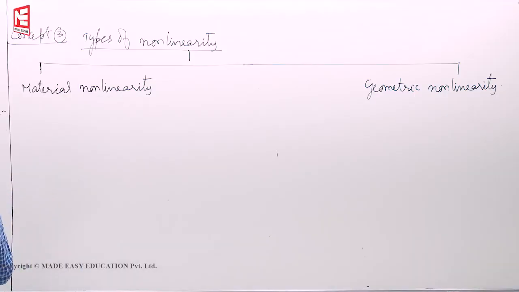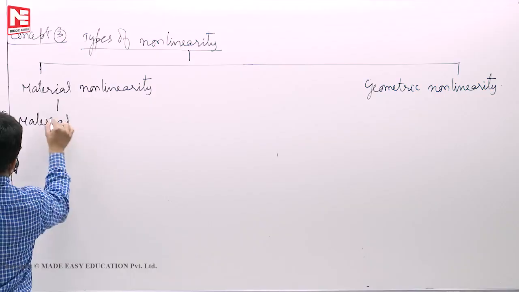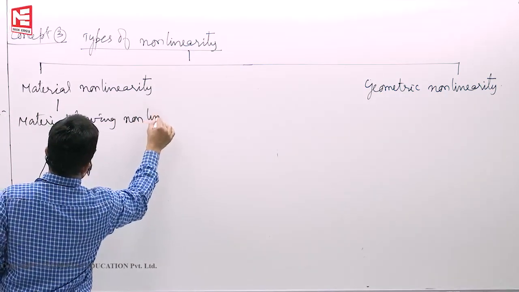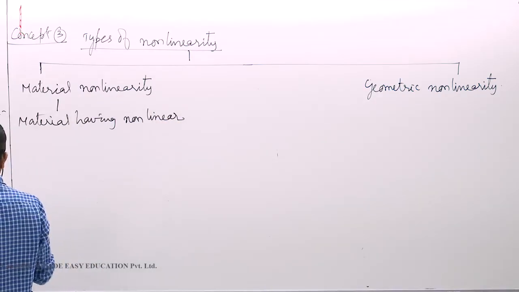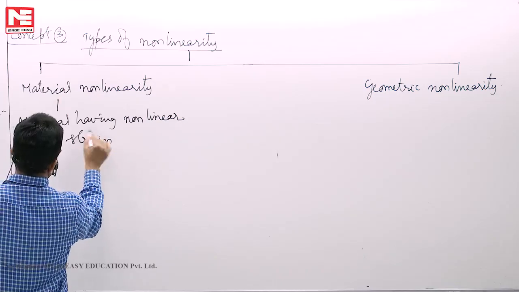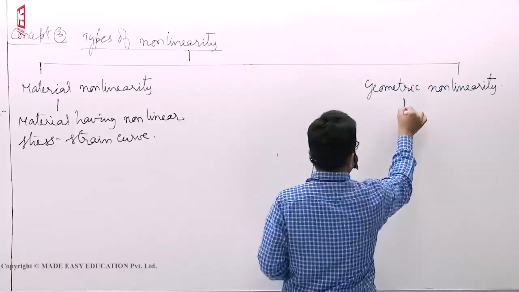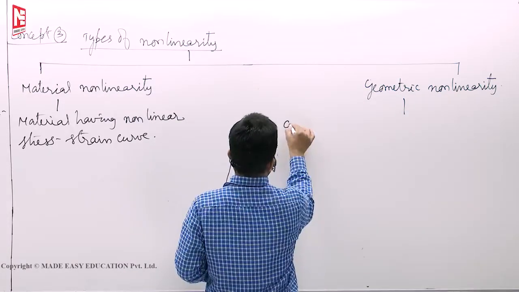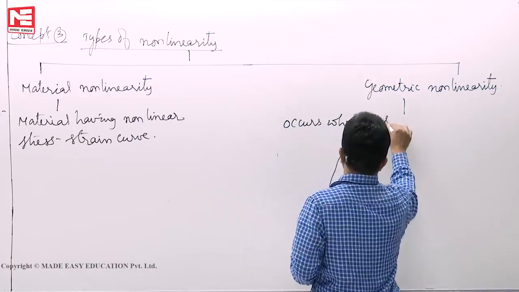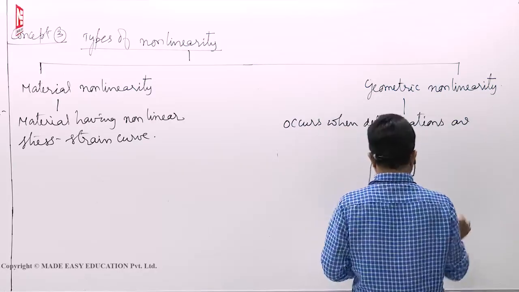Material non-linearity means material having non-linear stress strain curve. Now, geometric non-linearity occurs when deformations are large.